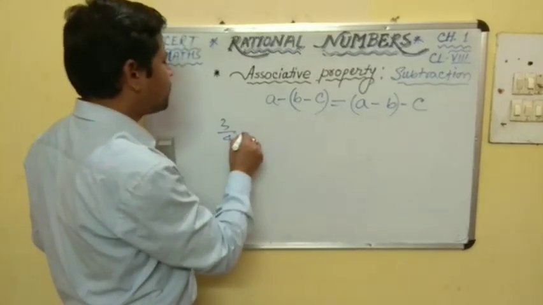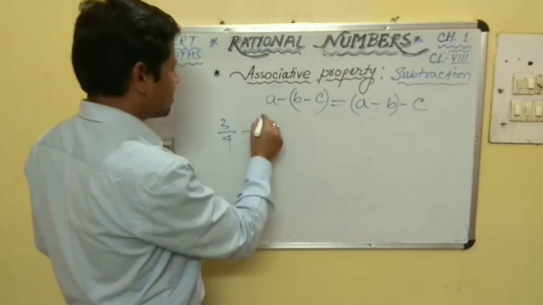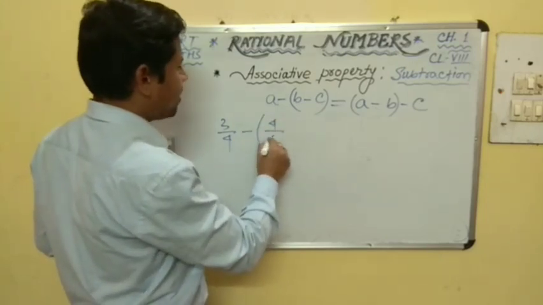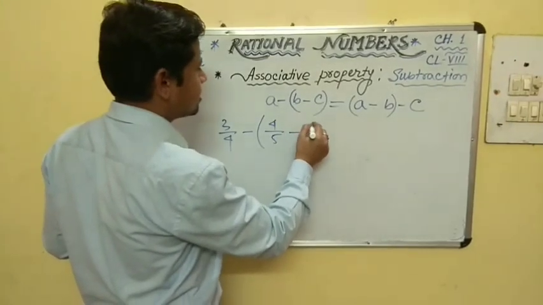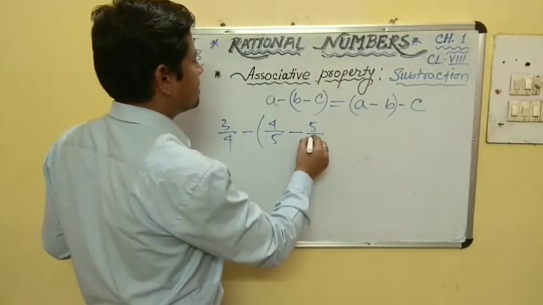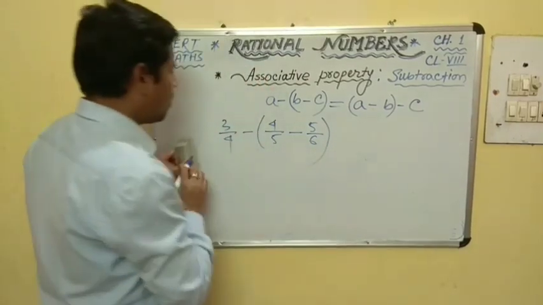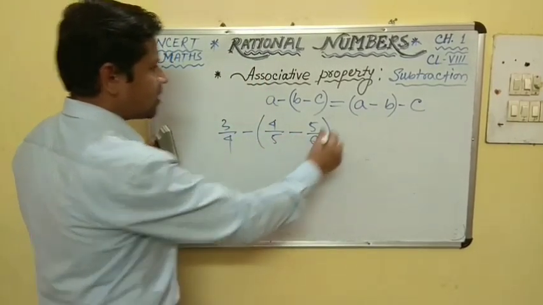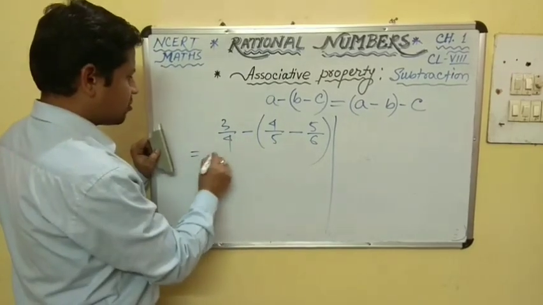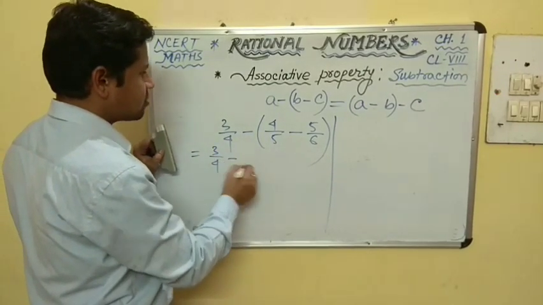Suppose we take 3 by 4 minus (4 upon 5 minus 5 upon 6). What will the result be in this case? So 3 by 4 minus the bracket.